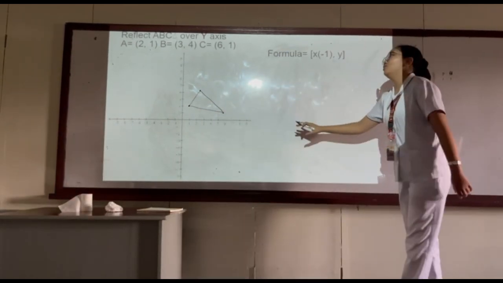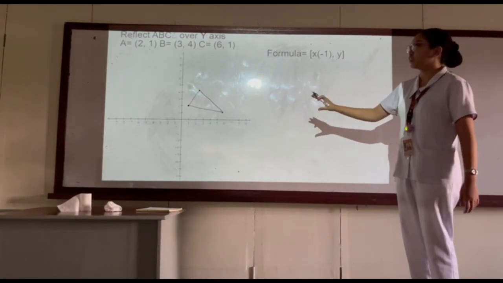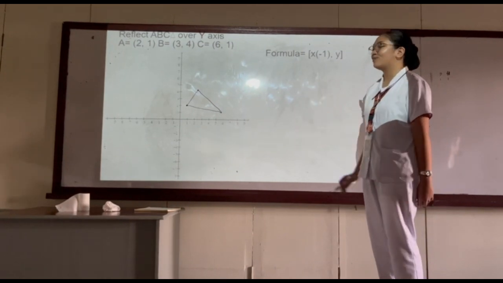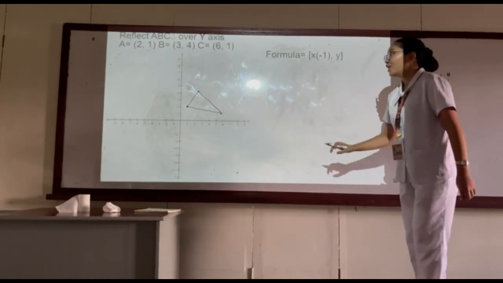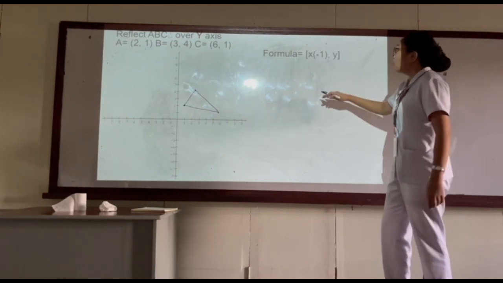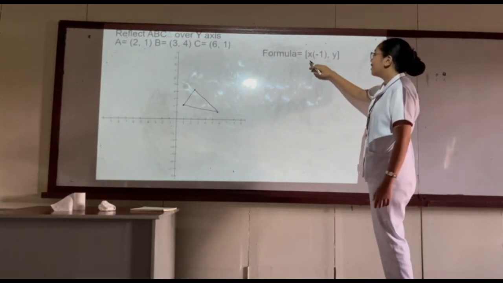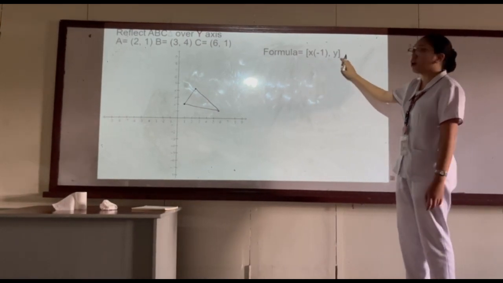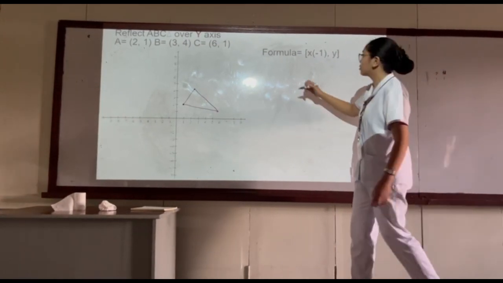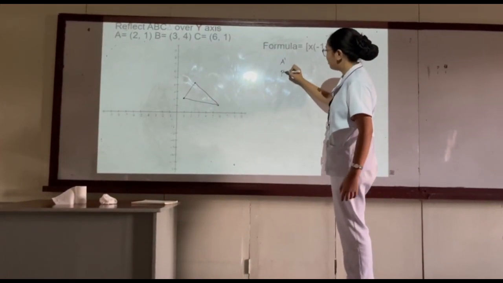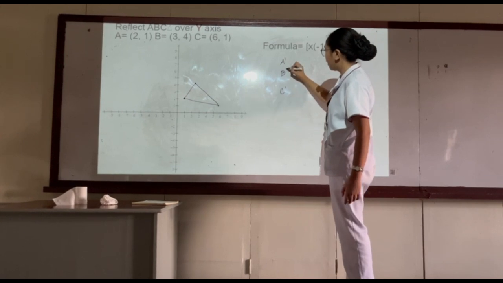In order to reflect our object over the y-axis, our formula will be x is multiplied by negative 1, and just copy the value of y. So let's go ahead and try that. Our A prime, B prime, C prime.